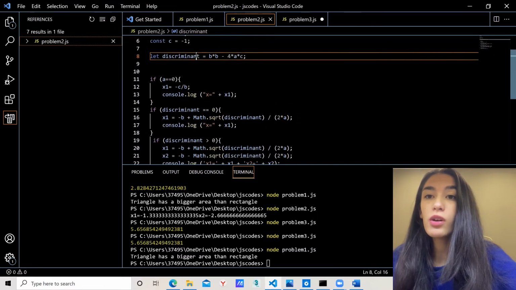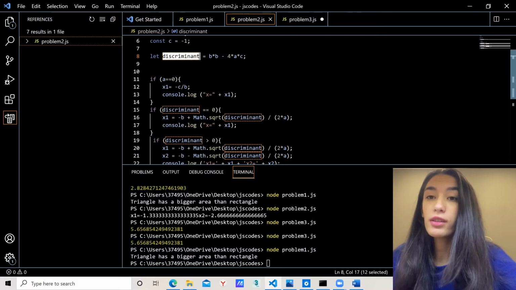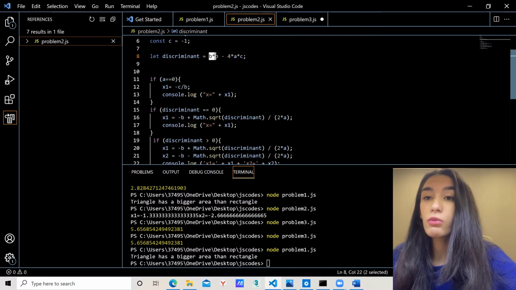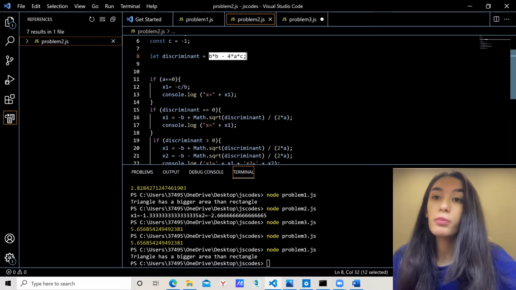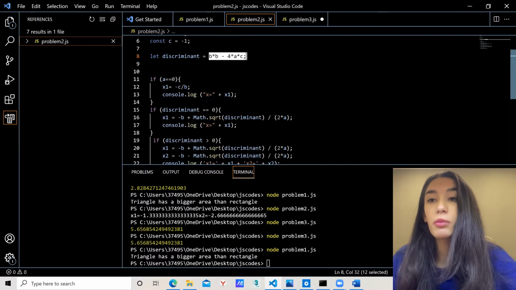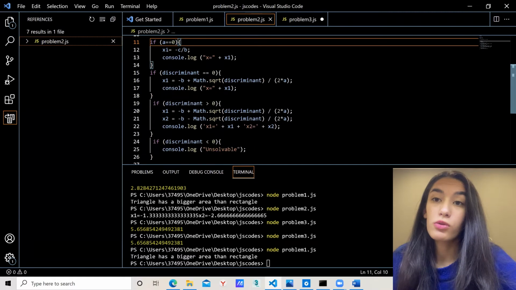And we are also declaring a variable named discriminant, and we are saying that this discriminant is equal to the formula of calculating the discriminant: b multiplied by b minus 4 multiplied by a multiplied by c. So the first case is when a is equal to 0.